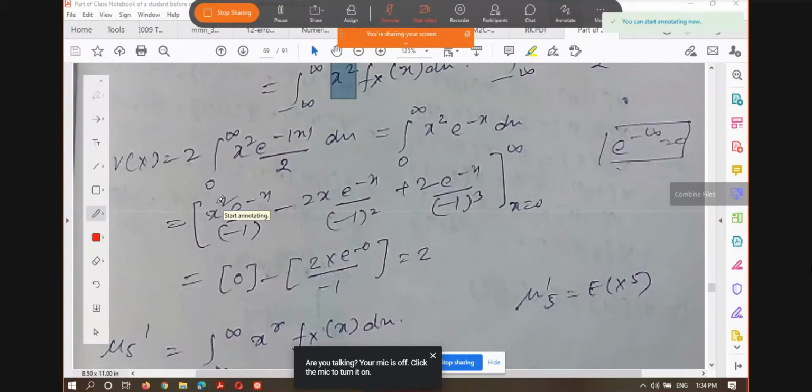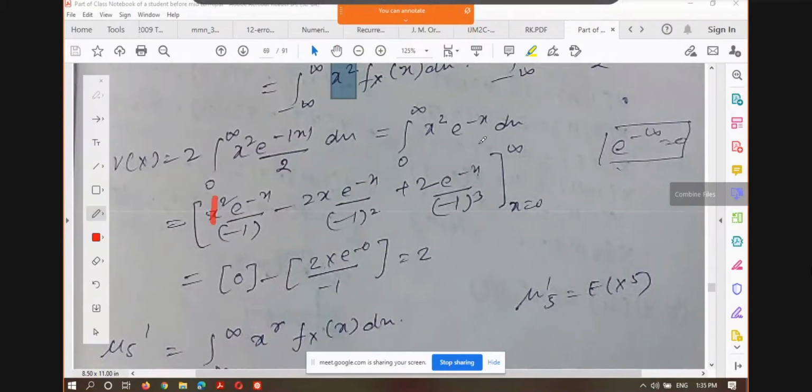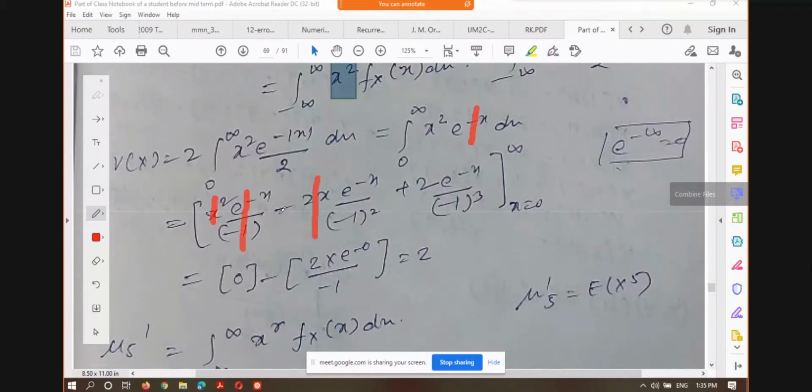In integration by parts, take the first function as it is times the integration of the second, then minus sign, one time differentiation of the first and two times integration of the second, then plus one more time differentiation of the first and three times integration of the second.